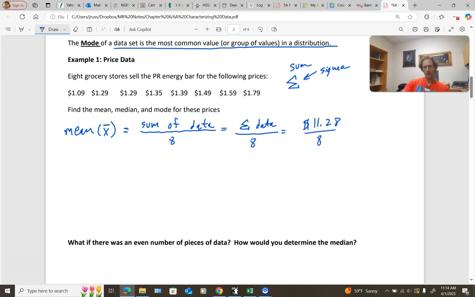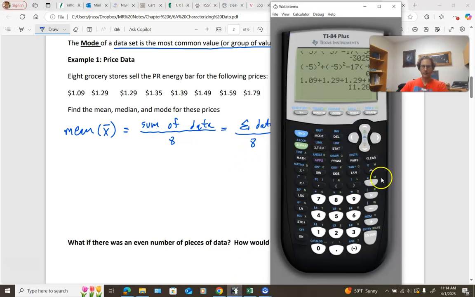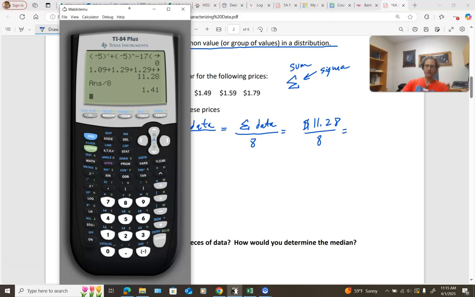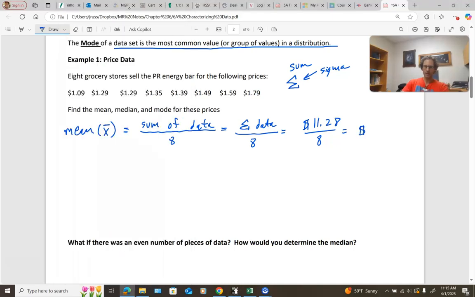And then I'll divide this by 8, and I'll probably round to the nearest cent. So divided by 8, and get $1.41. Okay, so we can say that the mean, or the average cost of this particular energy bar is $1.41. Now this is a statistic, because it comes from the sample data.